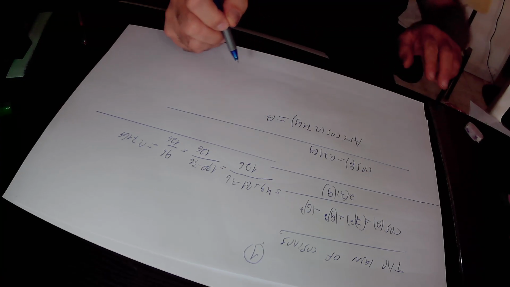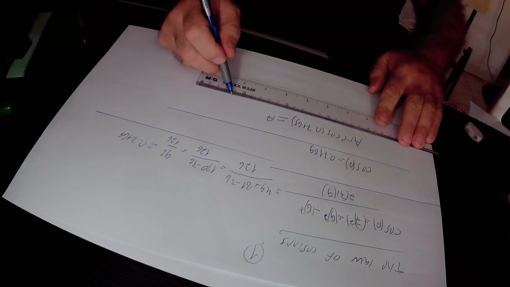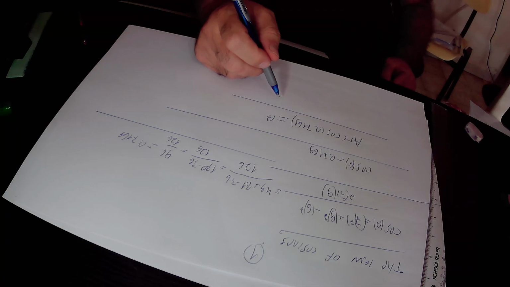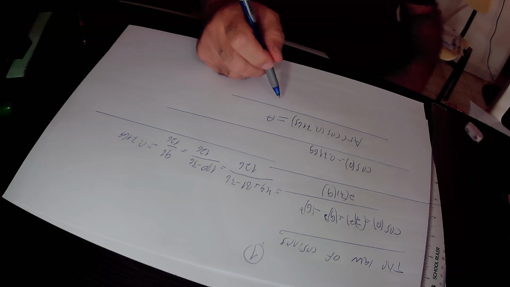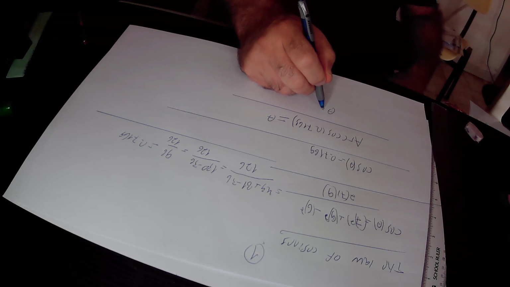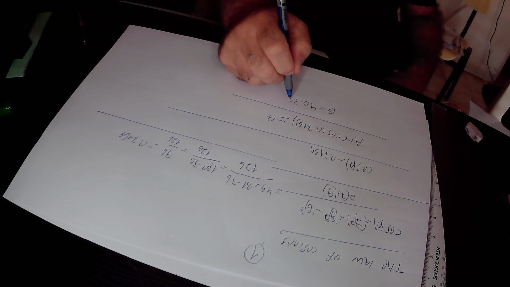So we find that arc cosine of 0.7169 is equal to the size of angle theta, which is 40.368 degrees.